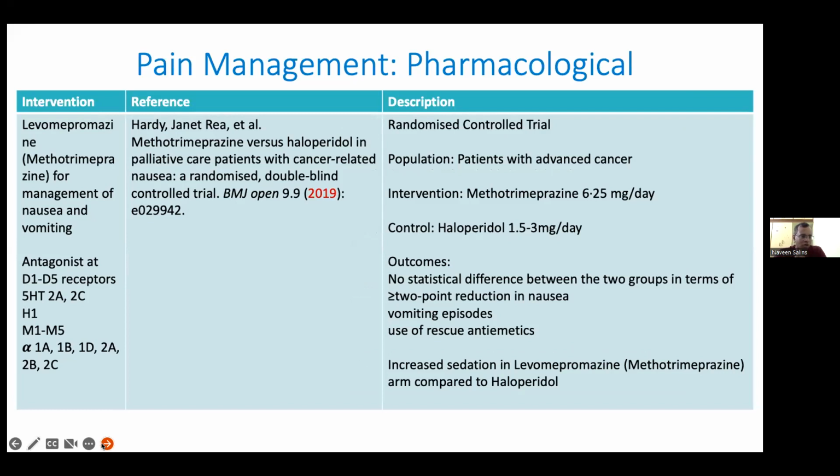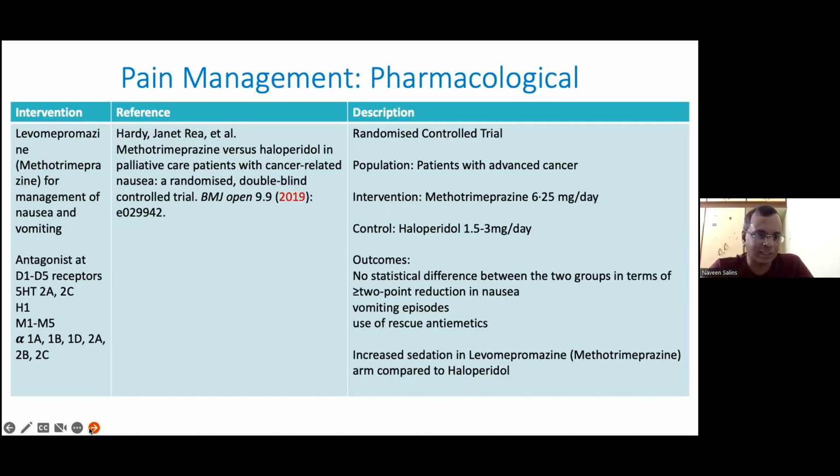It blocks the dopamine receptors, the serotonin receptor, histamine, muscarinic, alpha adrenergic receptors and their subtypes. Even then, haloperidol is predominantly a D2 receptor antagonist, isn't it? Levomepromazine was not found superior and was published in BMJ Open in 2019. So we can still confidently use haloperidol.